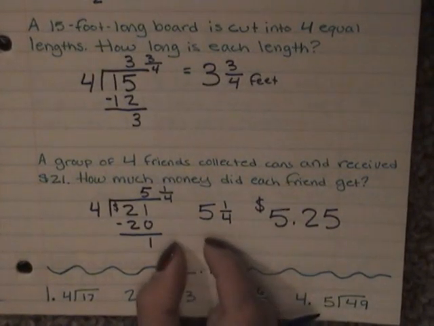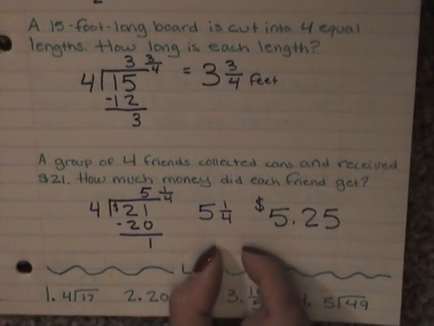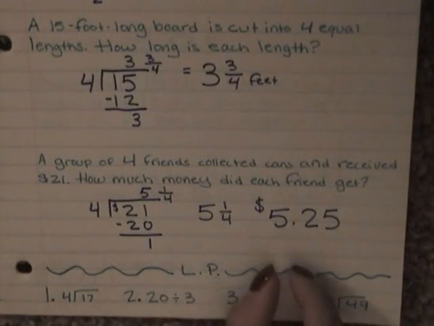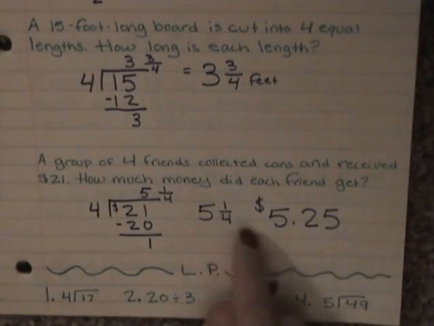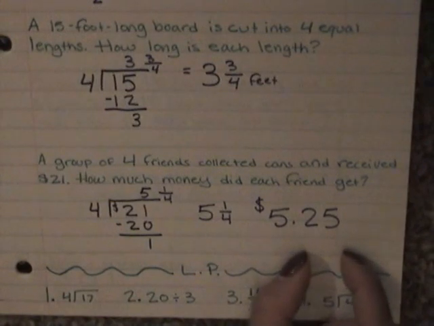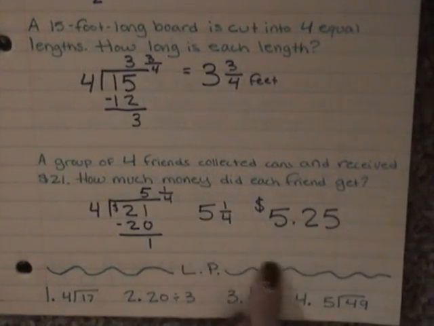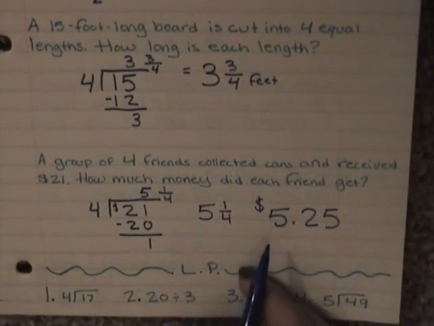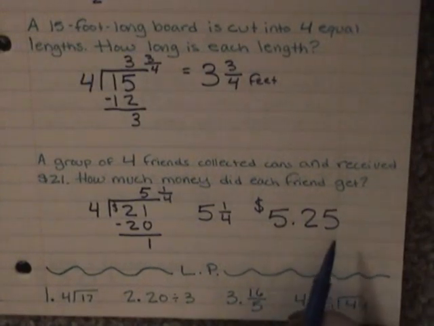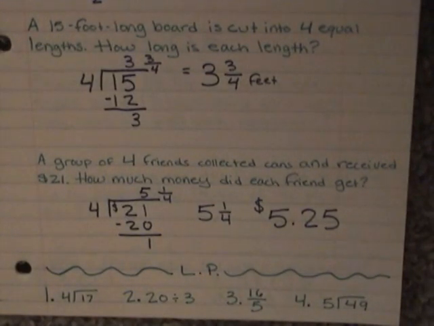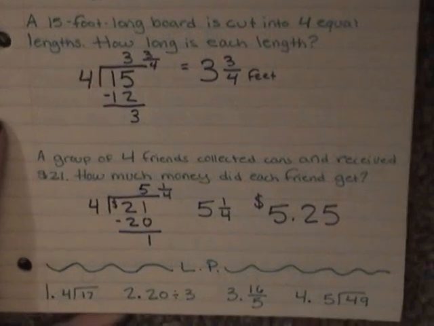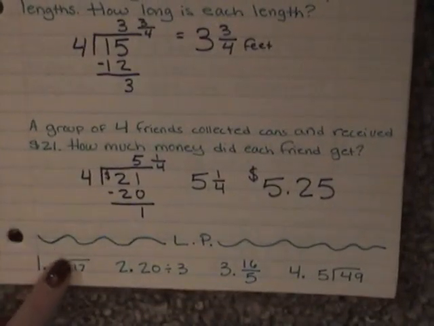So if I have 1 quarter, it's 1/4. 2 quarters, that's 1/2 or 2/4. 3 quarters, that's 3/4. And 4 quarters, that's 4/4 or 1 full dollar. So each friend received $5.25.